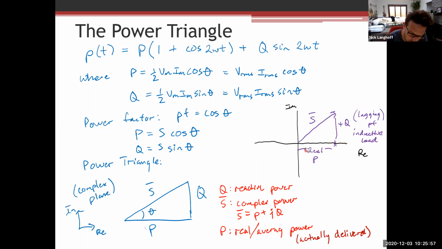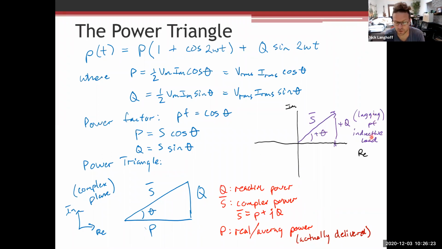Okay, so let's then talk about another scenario. When S is in the first quadrant, you have a positive Q, a positive reactive power, and we refer to that as a lagging power factor, right? So that's a positive angle theta.